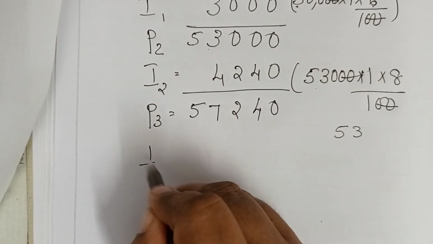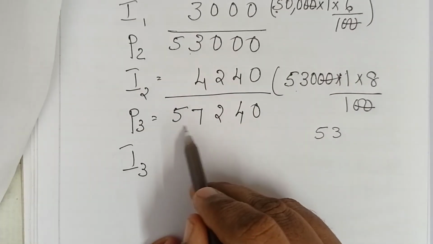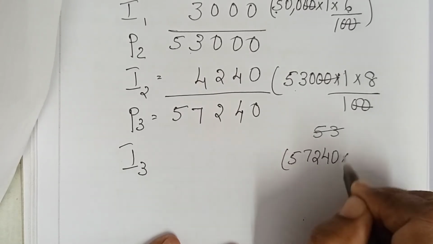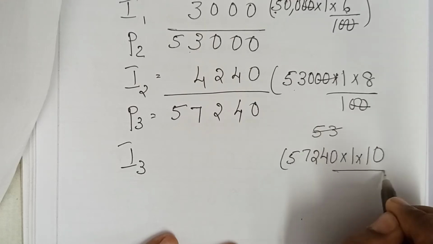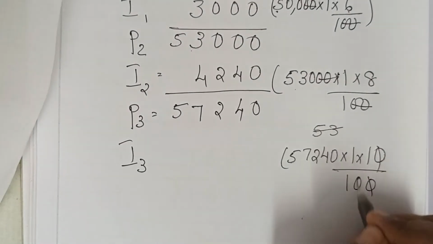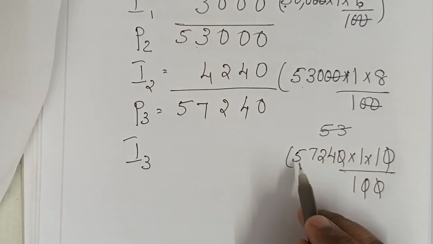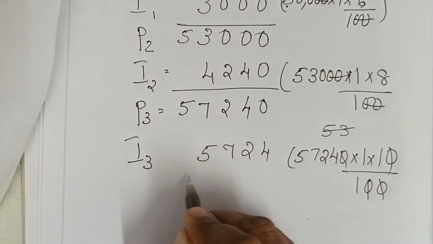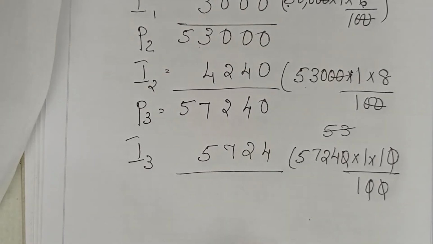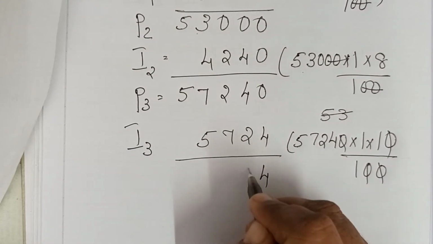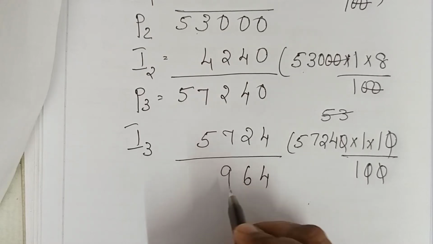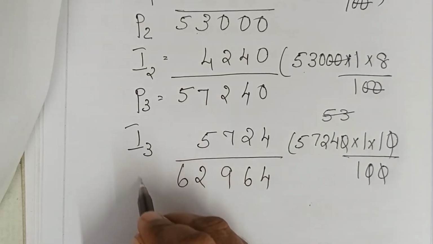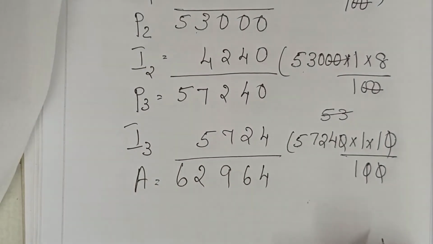Now how to find I3? I3 means P is 57,240 into 1 into, the last rate is 10. 0 cancel. 5724. Check the answer. 5724. Then adding, is the amount 62,964?